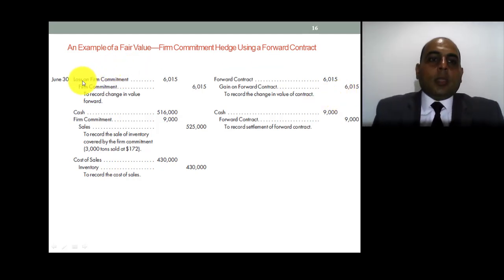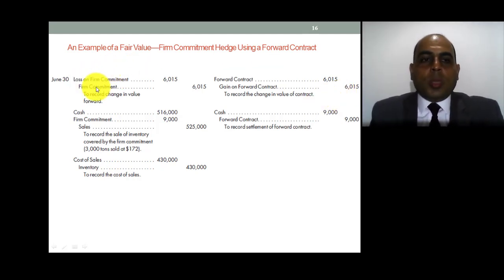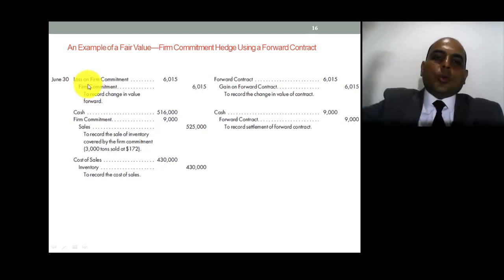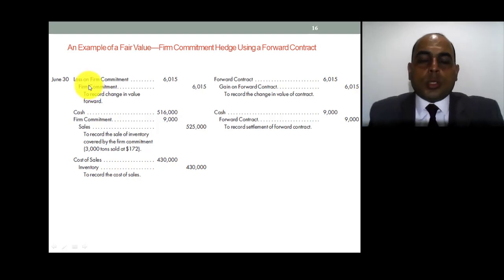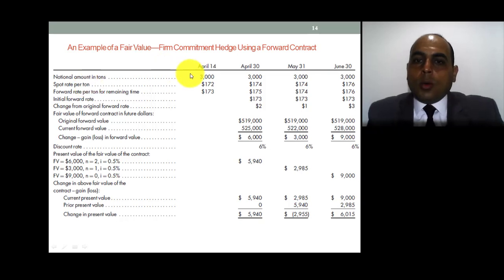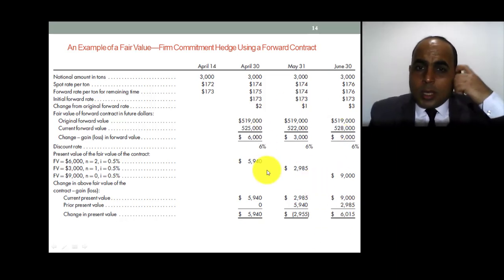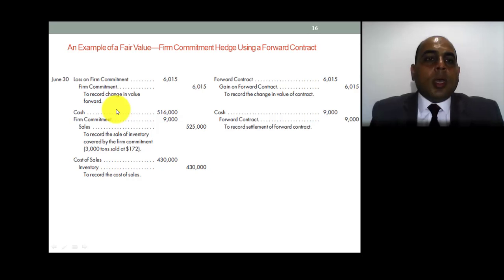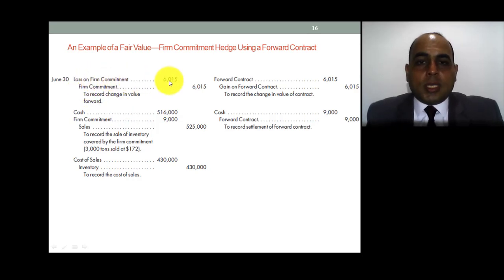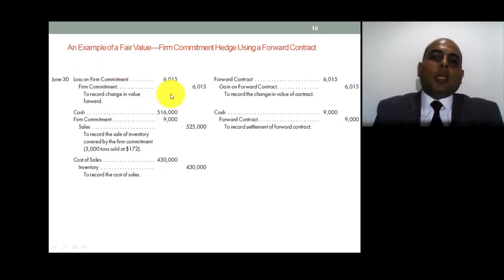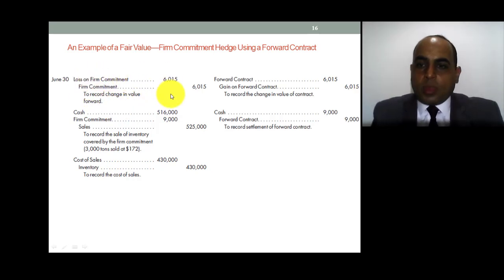On the other hand, you have loss on firm commitment. You have to record it as you committed to sell the goods by 172 as the price increased to 176. Here you have loss. The difference, as we discussed before, equals the same amount of difference. So here we are talking about a loss on firm commitment 16,000, firm commitment credited by 16,000.